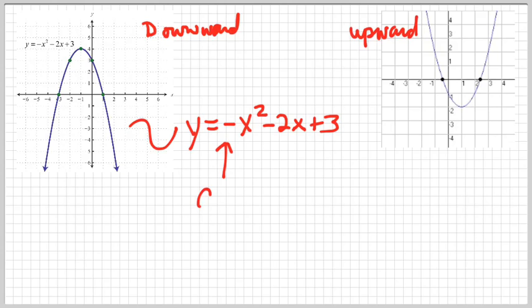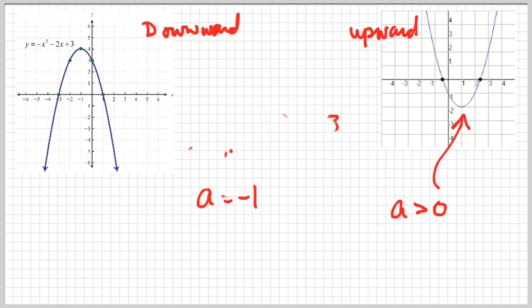The a coefficient here is negative 1. If a is negative, the parabola will open down. I don't know the equation for this parabola on the right-hand side, but clearly it has an a that is bigger than 0, or positive, because it opens up. So the a value tells us if it's going to open up or down. Positive a opens up, negative a opens down.